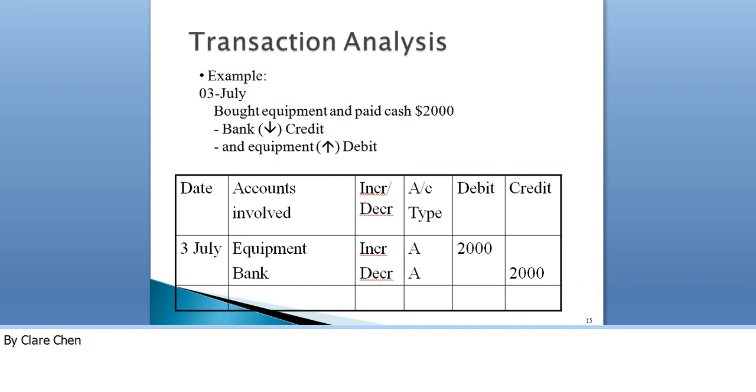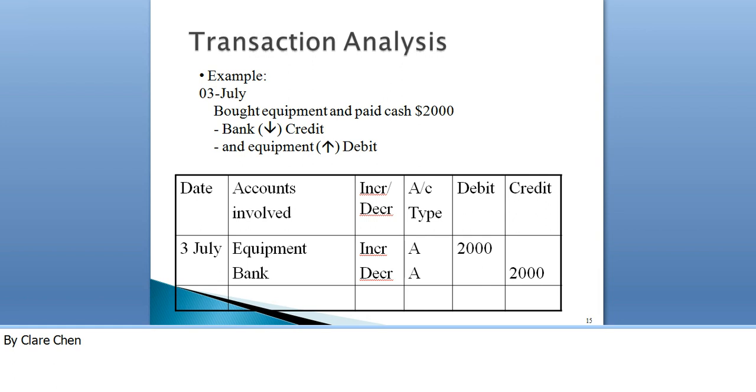Here is another example. On the 3rd of July, we bought equipment and paid cash, $2,000. Now, paid cash, immediately that tells us there is a spending of money from the bank. So the bank is going to decrease in value. So therefore, we are going to credit this account, the opposite to its nature.